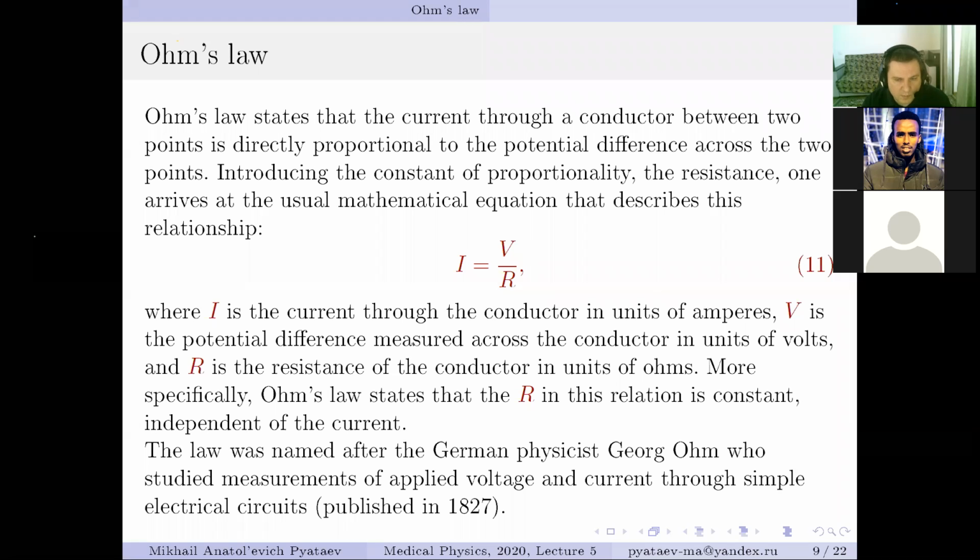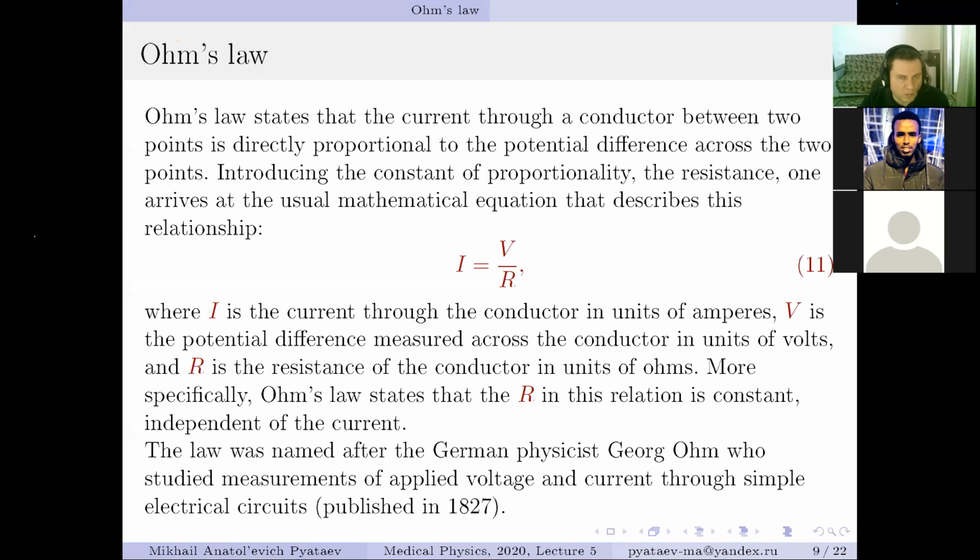Some materials are called conductors, which can transmit electric current. Other materials are called insulators. They are unable to transmit electric current.